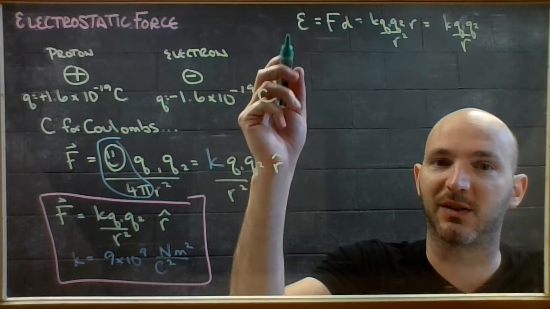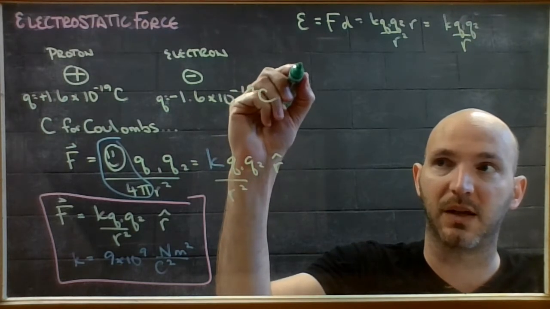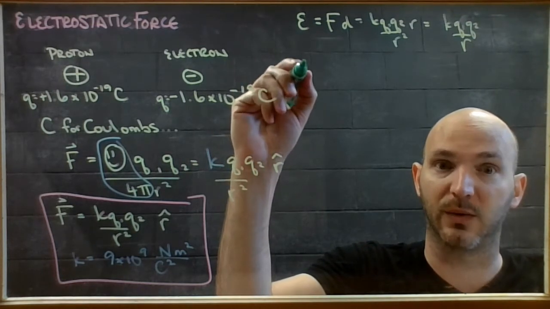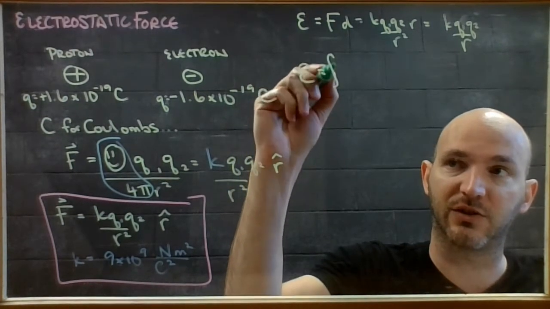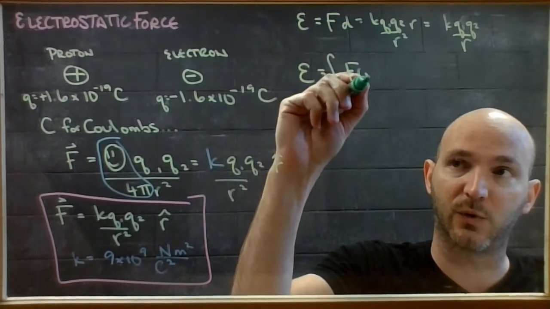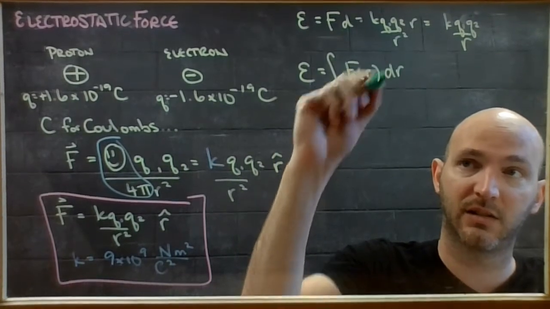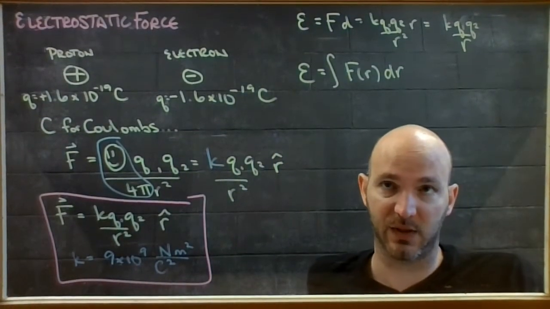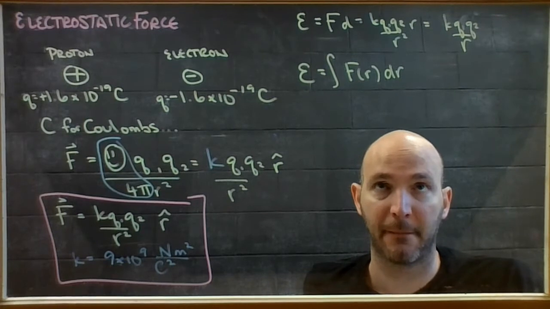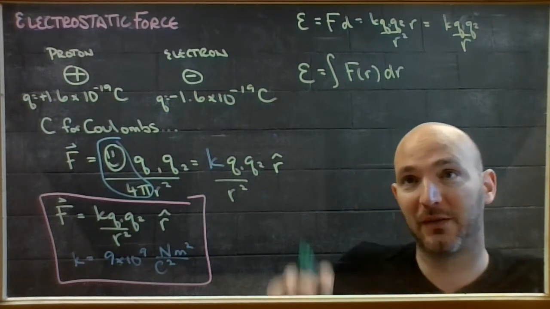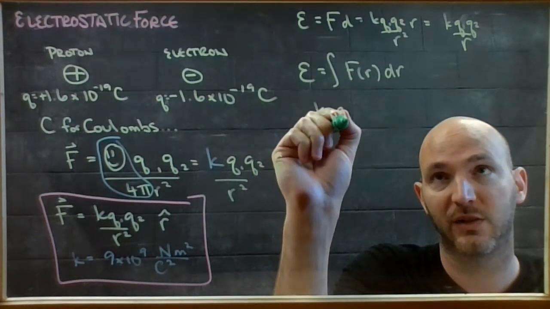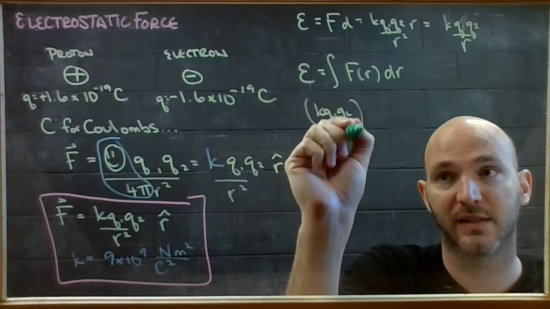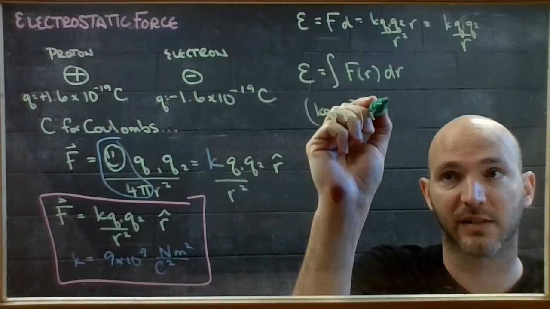Since we're near the end of the course, those of you in calculus maybe can realize that your energy is actually the integration of your force as a function of r by dr as you slide out to the radius. If you integrate this, k, q1, q2 are all constants, so your function is r to the negative 2.